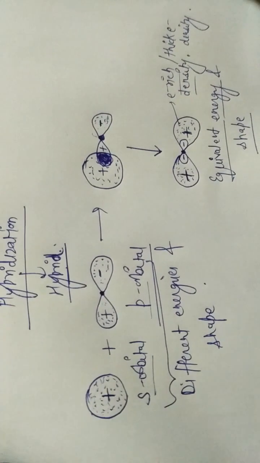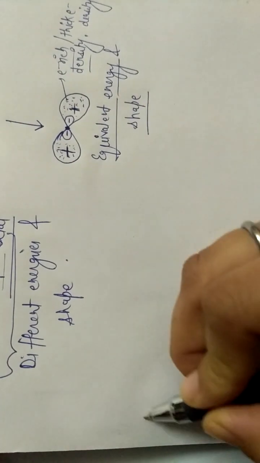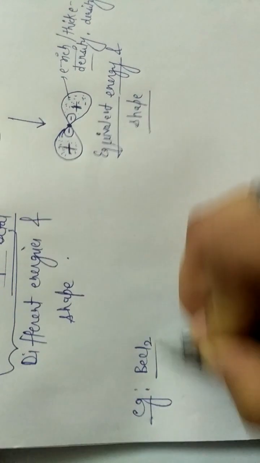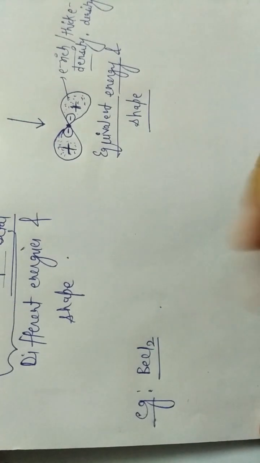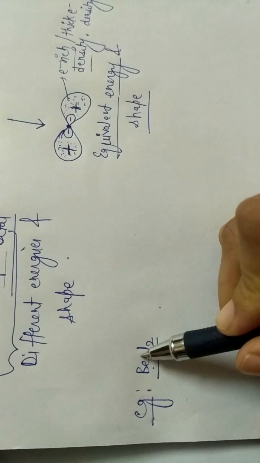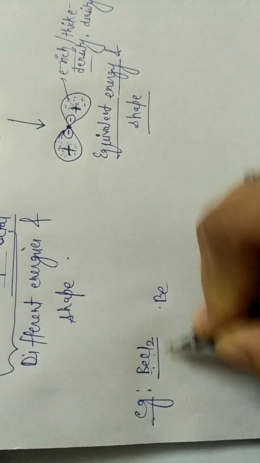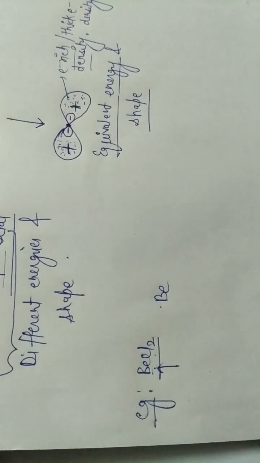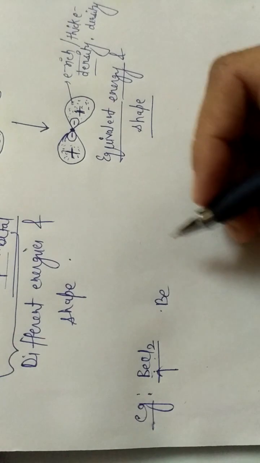So now let us take an example of hybridization. Let us take BeCl2. Here we have two elements, beryllium and chlorine. Chlorine is a non-metal, beryllium is a metal. So beryllium here is acting as the central metal, because those atoms which have less electronegativity act as the central atom.